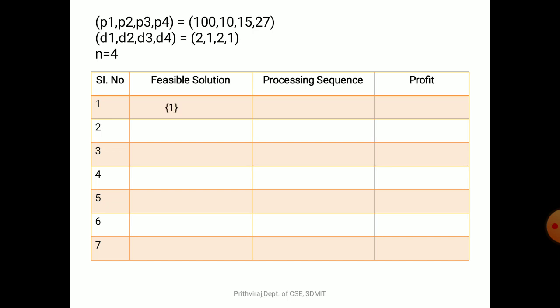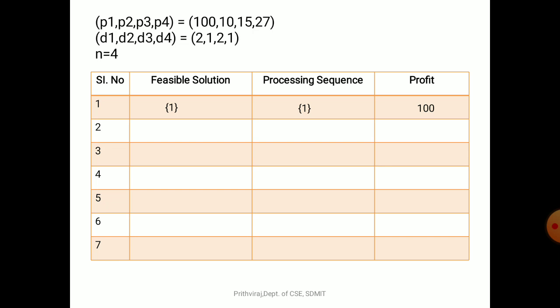First, I will take the feasible solution as 1, that is the first job, and the processing sequence is 1 itself because we have taken only one job at a time. So no matter about the processing sequence, the profit would be 100, as per the given data.